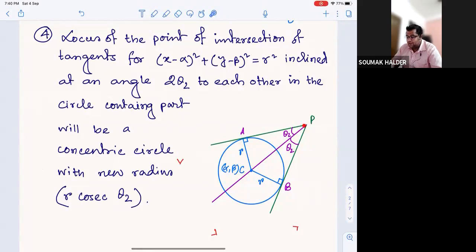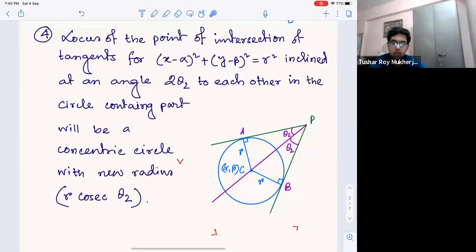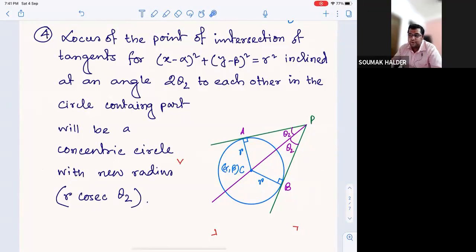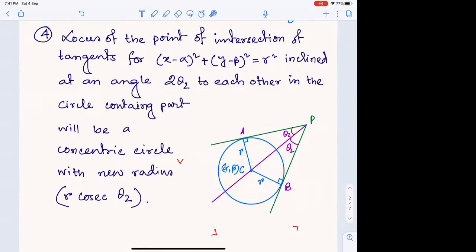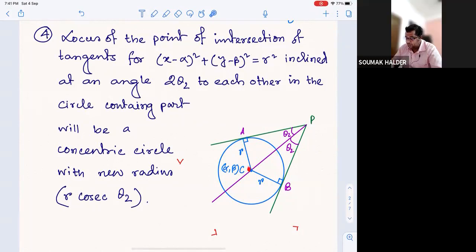We have gone through this idea that the angle bisector will pass through the center, so it will divide the angle 2 theta 2 into two equal halves of theta 2. Now this theta 2 is a constant given angle, r is constant, so we can identify the distance of P from the center is also a constant, and this is nothing but r by sine theta 2, or you can also write it as r cosec theta 2.